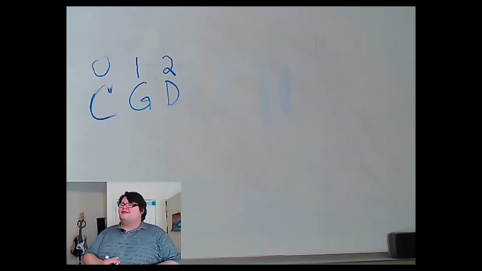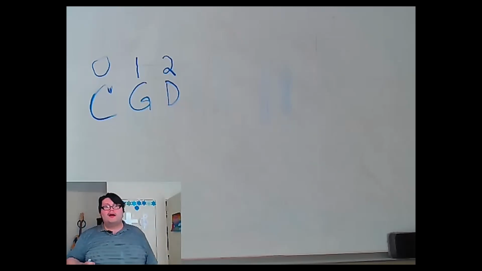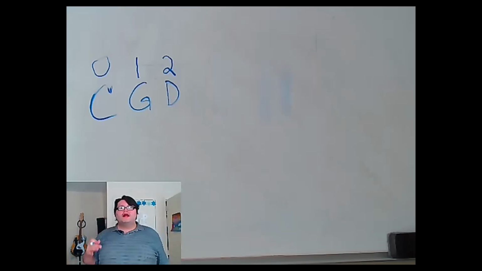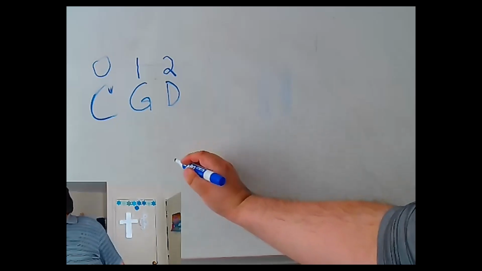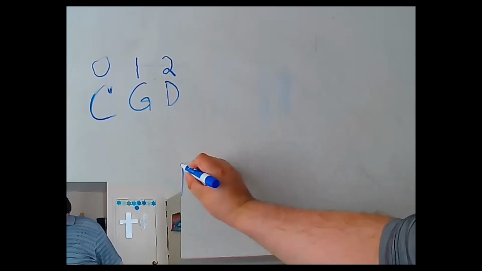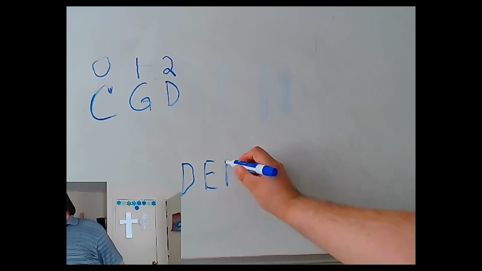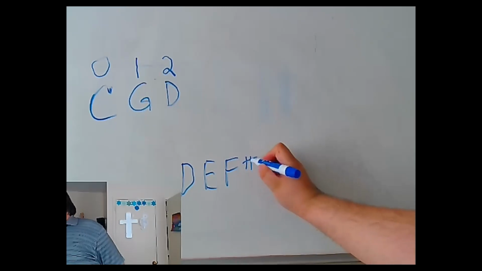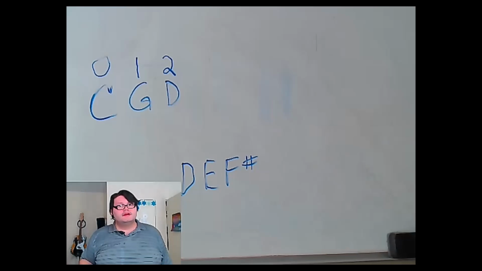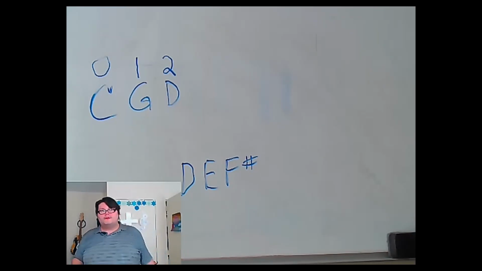So now we're going to write the D major scale on the whiteboard, and you're going to see where that comes into place. So now we're going to go D, E, F. Remember, we're keeping the sharp. Don't change the sharp.